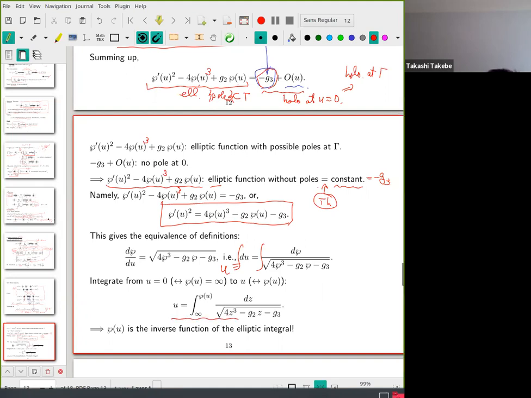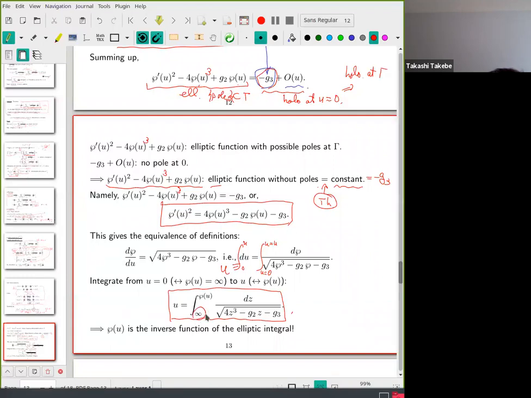Namely, u is expressed as an integral of this one-form from infinity.